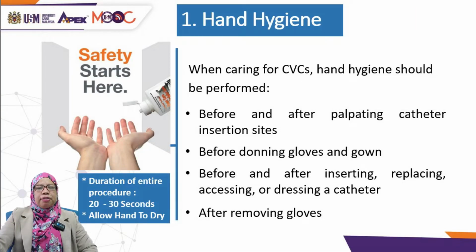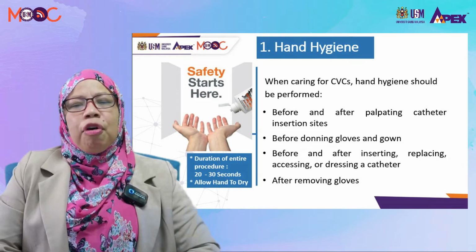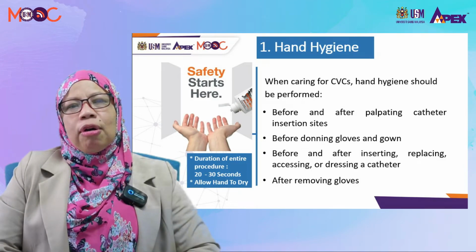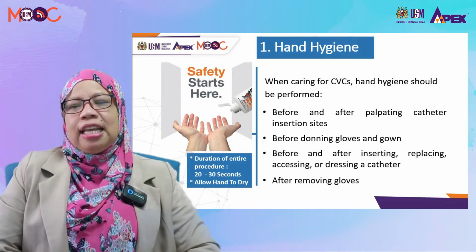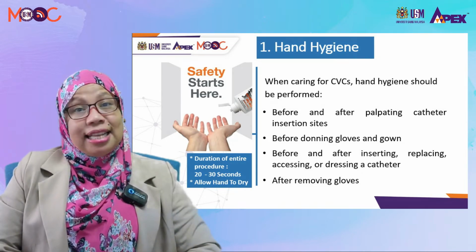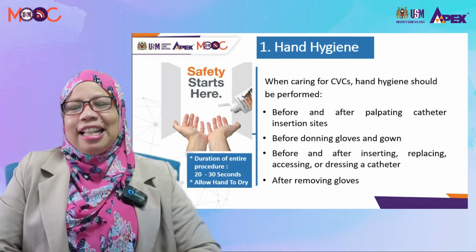Hand hygiene. When caring for a central venous catheter, hand hygiene should be performed, one, before and after palpating the catheter insertion site. Number 2, before donning gloves or gown. And number 3, before and after inserting, replacing, assessing, or dressing the catheter.